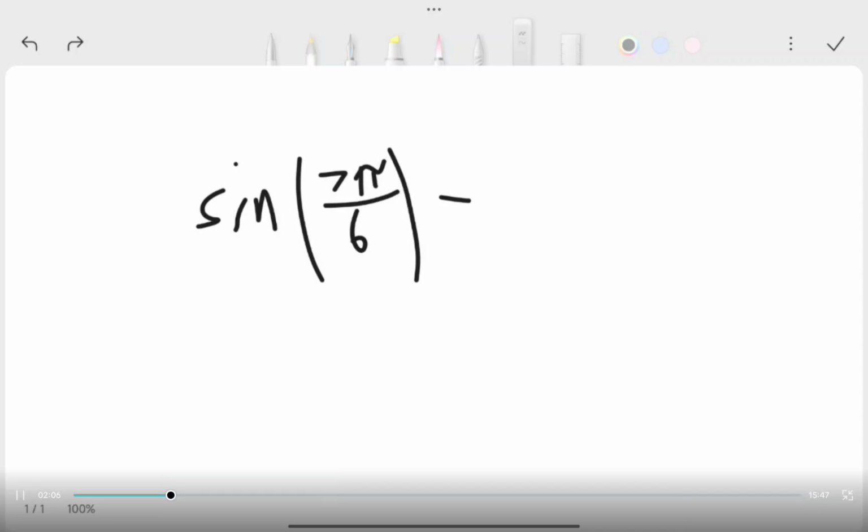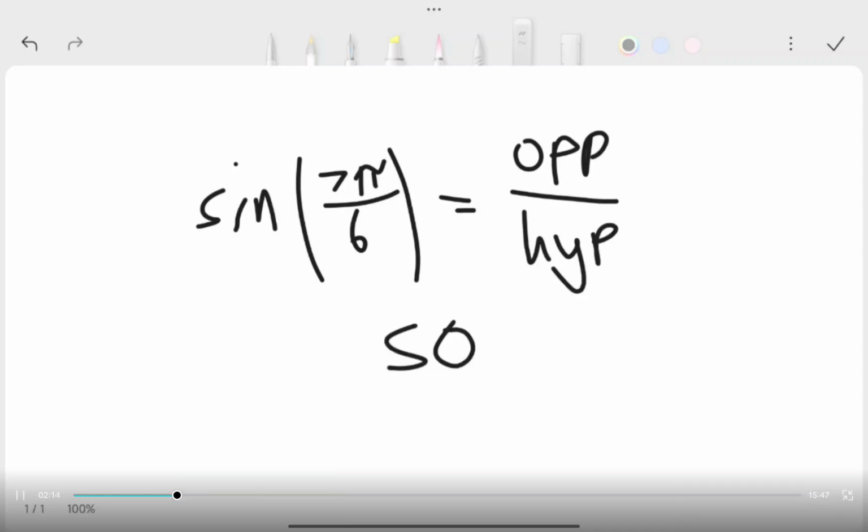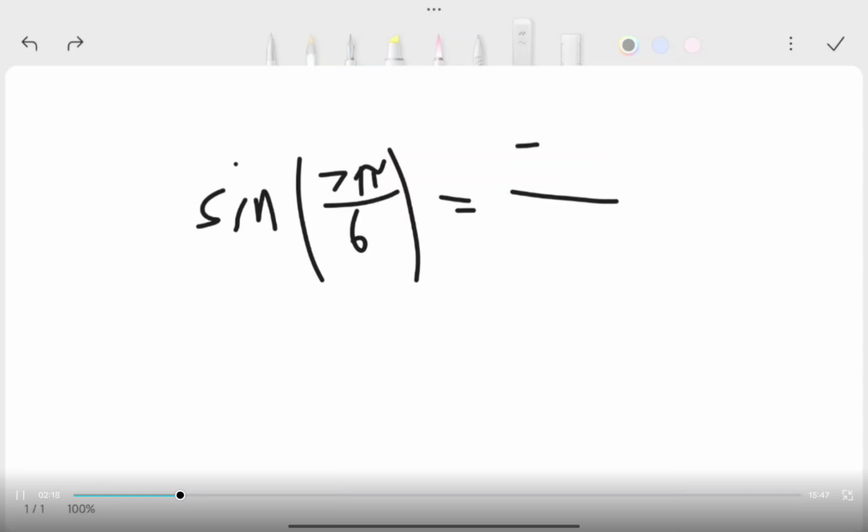pi over 6, which is equal to opposite over hypotenuse, which is the SOH. Negative 1/2 is our opposite, and our hypotenuse is 1, so it's simply negative 1/2.